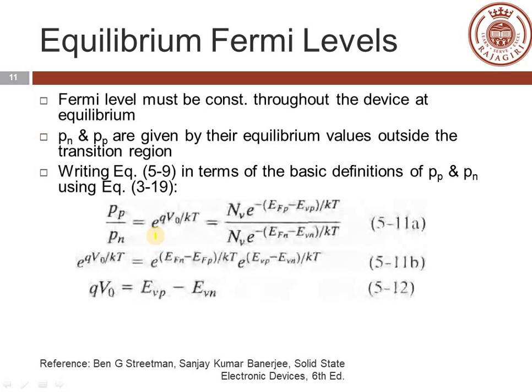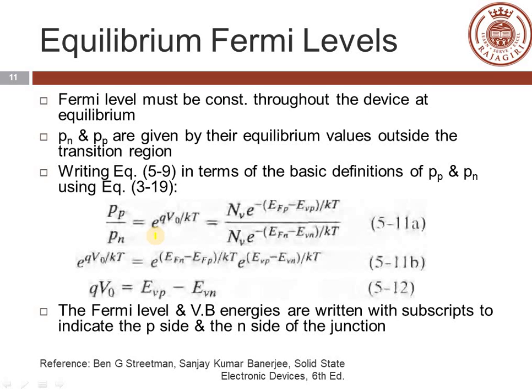That means we can prove that at equilibrium the P side valence band and N side valence band are shifted by an amount qV0. Similarly, if you take the ratio of Nn by Np, you can prove that ECN minus ECP equals qV0. So the Fermi level and valence band energies are written with subscripts to indicate the P side and N side of the junction.